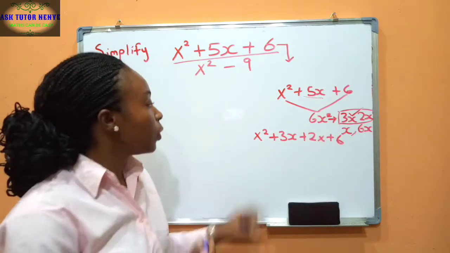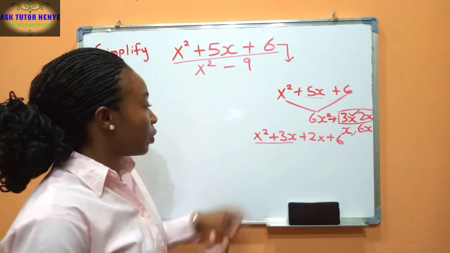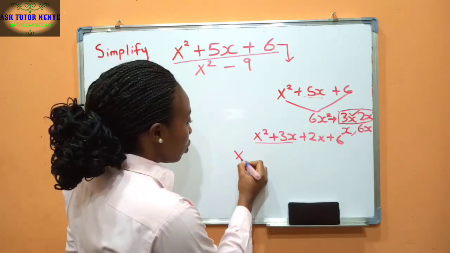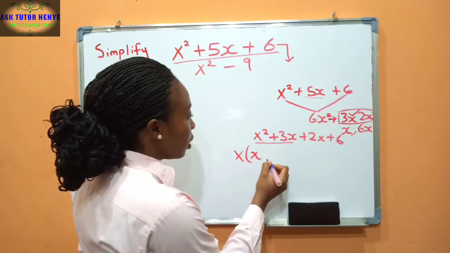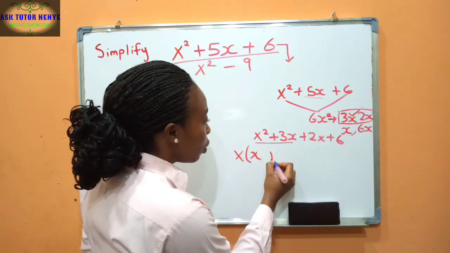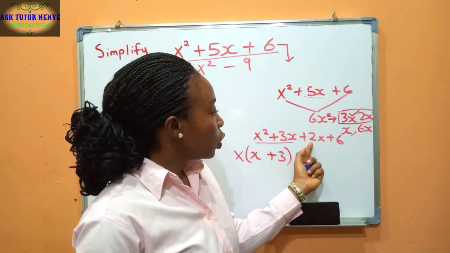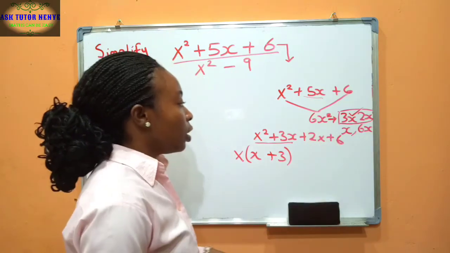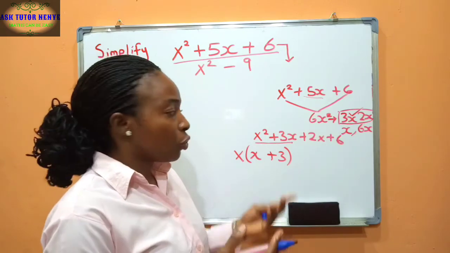We can now solve. Then we are going to have, what's the common factor here? The common factor here is x. So if you say x squared divided by x gives us x, then plus 3x divided by x gives us plus 3. We close the bracket. Then in this one we have 2x plus 6. Then what's the common factor here? Our common factor is plus 2.